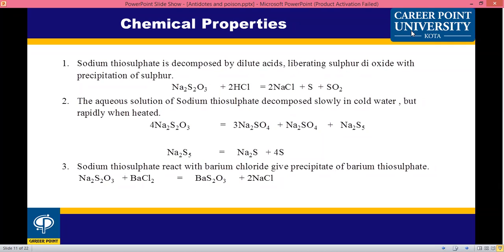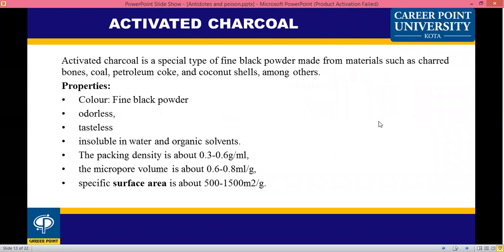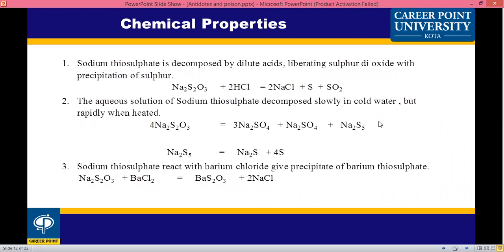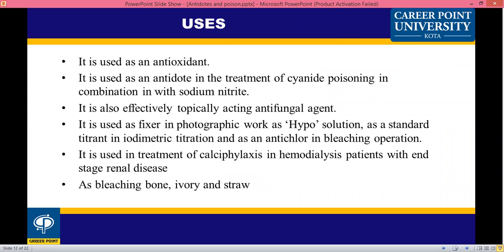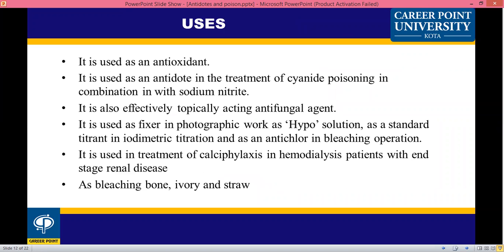If sodium thiosulfate reacts with barium chloride, barium thiosulfate and sodium chloride are formed.